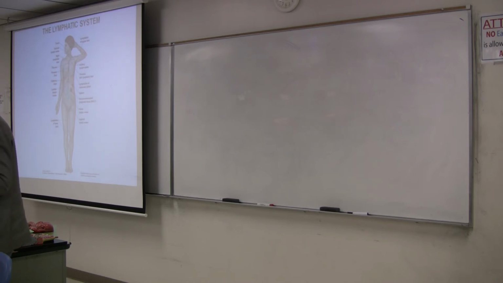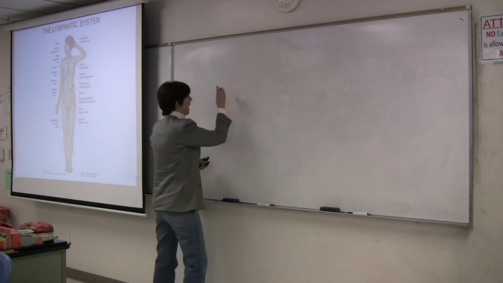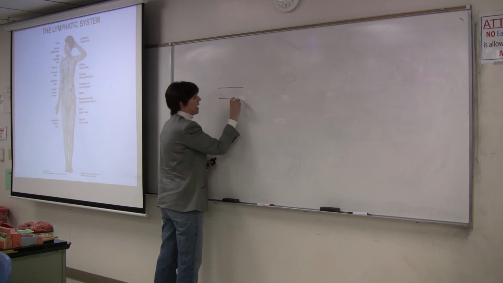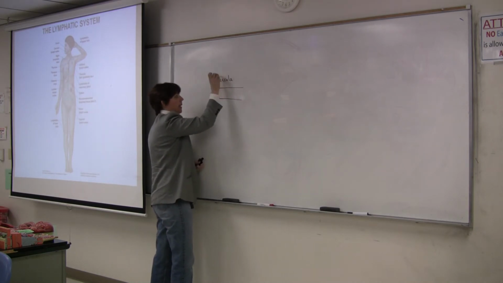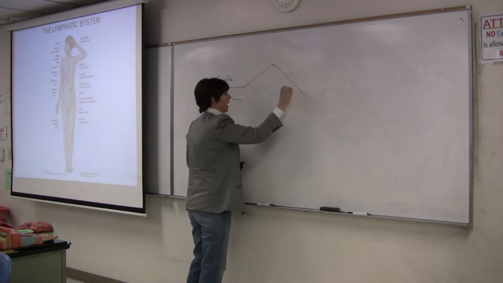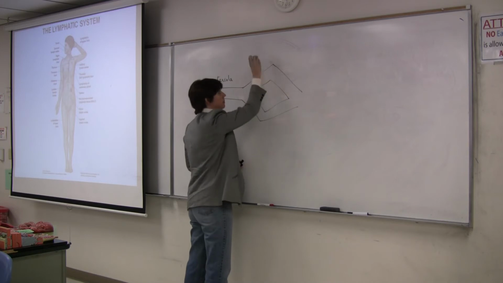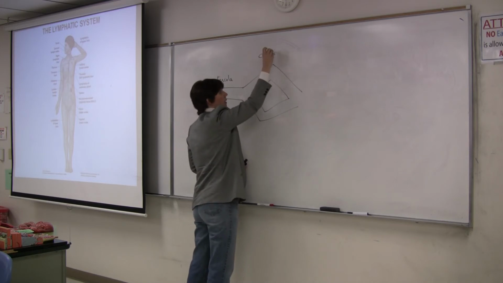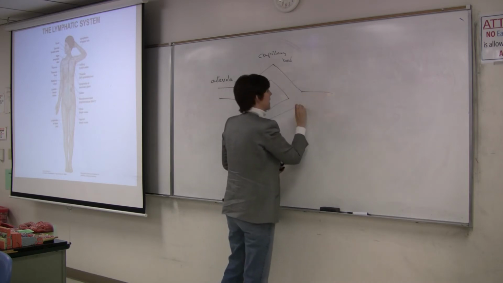And how did it leak? Remember the diagram I drew back with blood pressure in our vascular system? We have the arterial end of our capillary bed. And then we have our capillary bed, which is simple squamous epithelium. And then we have the venous end.